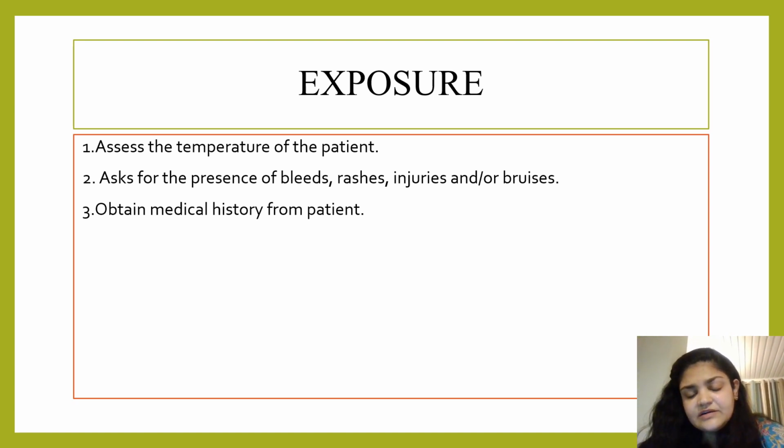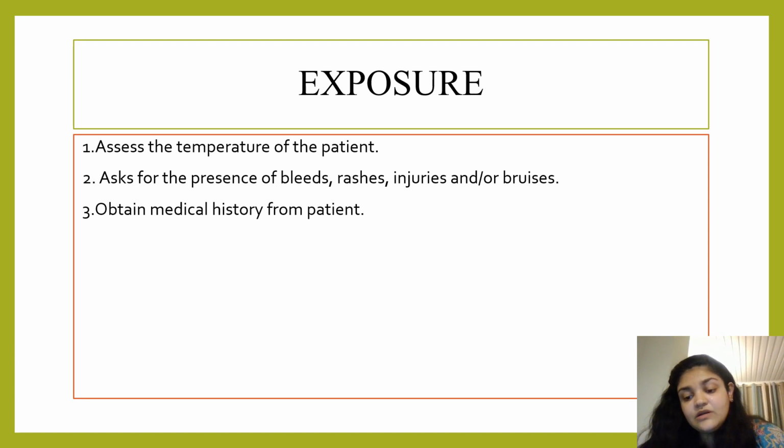And also, if you get the time, write the hints over these things: airway, breathing, circulation. In airway we can write what we have to assess, like airway clearance. In breathing we have to write rate and rhythm.